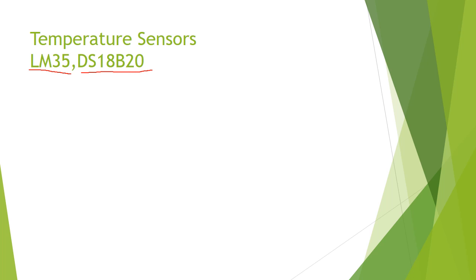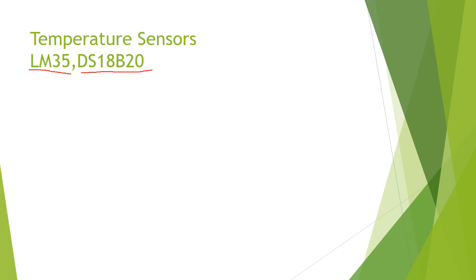This is another temperature sensor. Other temperature sensors are also available, but these are the common ones available for your projects, and we'll be discussing the features of these two.